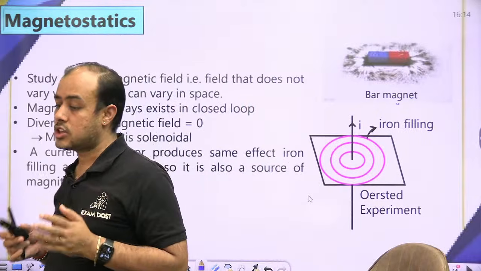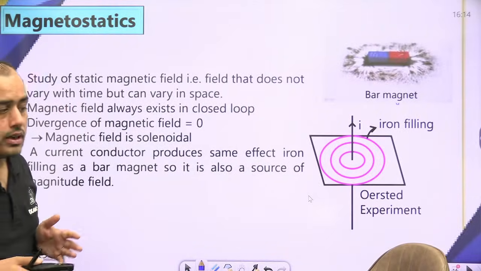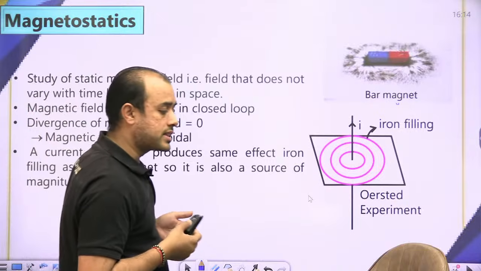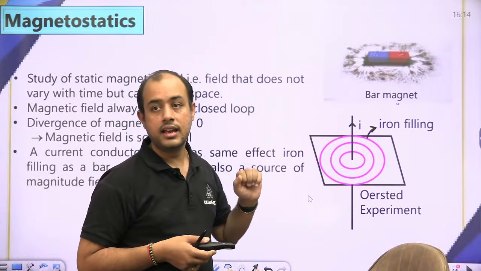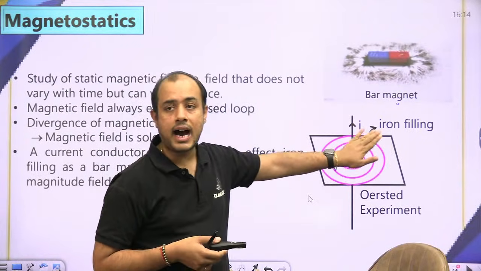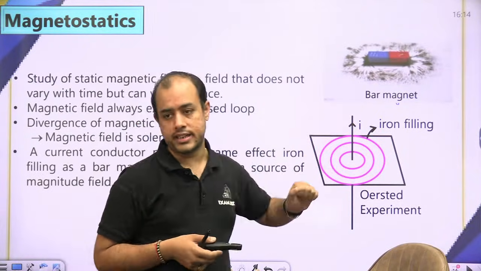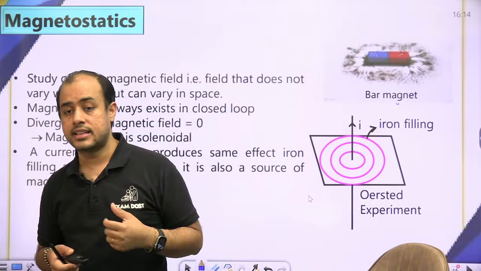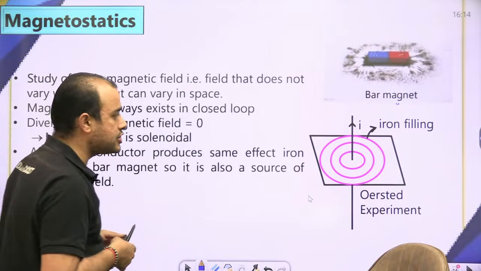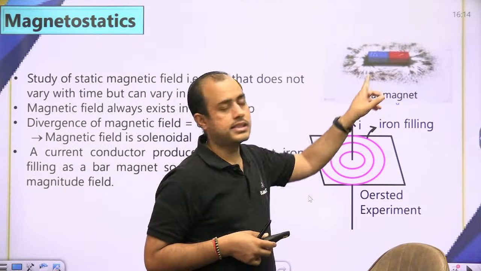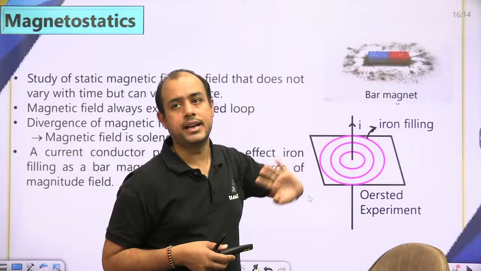So first of all, magnetism was discovered by Oersted, who discovered that whenever a current carrying conductor is there and you place the iron filings all around it, then the iron filings, iron का जो चूरा होता है उसे iron filings कहते हैं, they are arranged in a circular pattern similar to their pattern near a magnet.